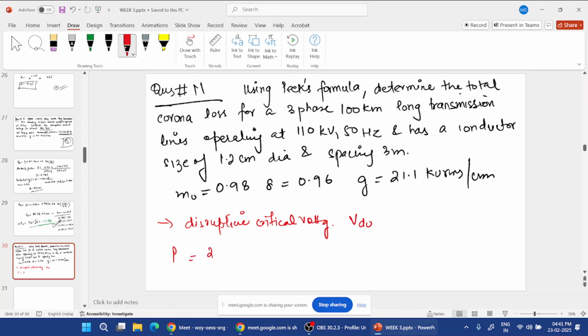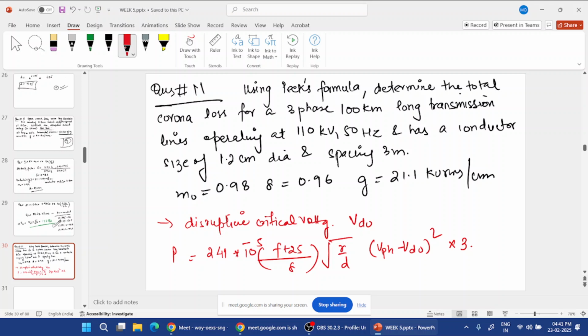What formula? 241 into 10 raised to the power minus 5, (f plus 25) divided by delta, into the square root of r by d, into (V phase minus VDO) whole square. And as this is for three phase, we will multiply it by 3.